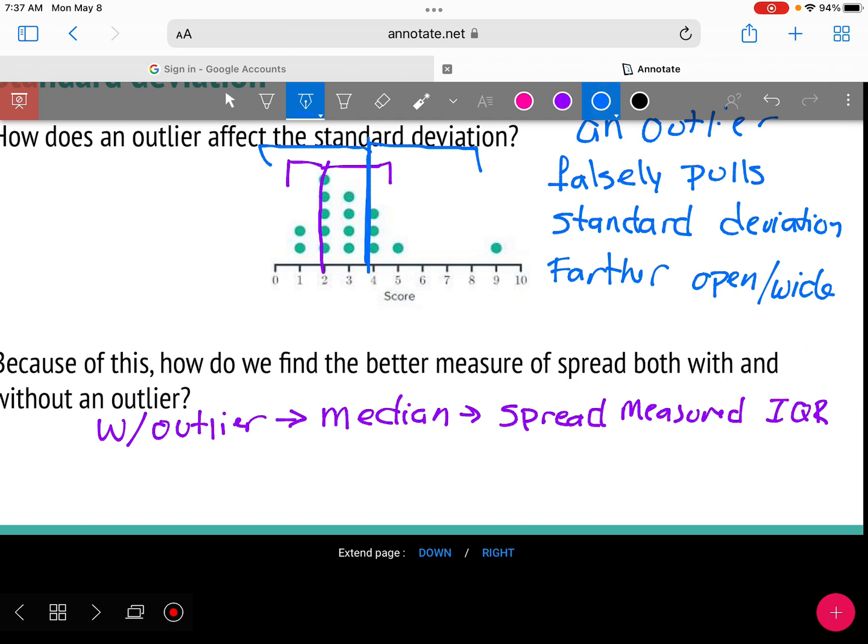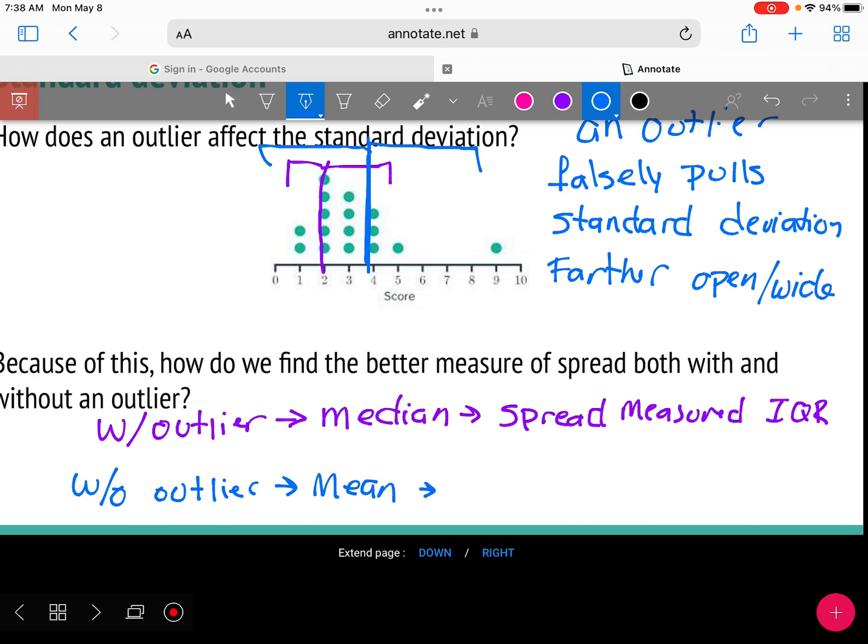If we do not have an outlier, and we are measuring with our mean, we just talked about how we'd rather measure with the mean if we don't have an outlier because it's a more accurate center. But if we do have an outlier, we've got to use the median.